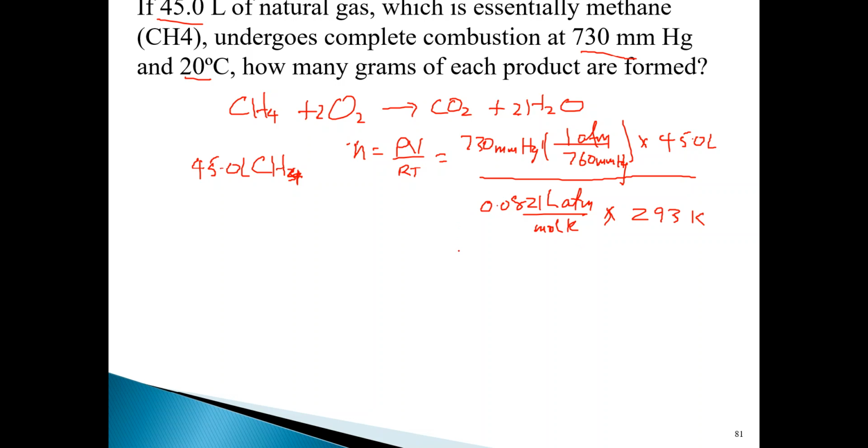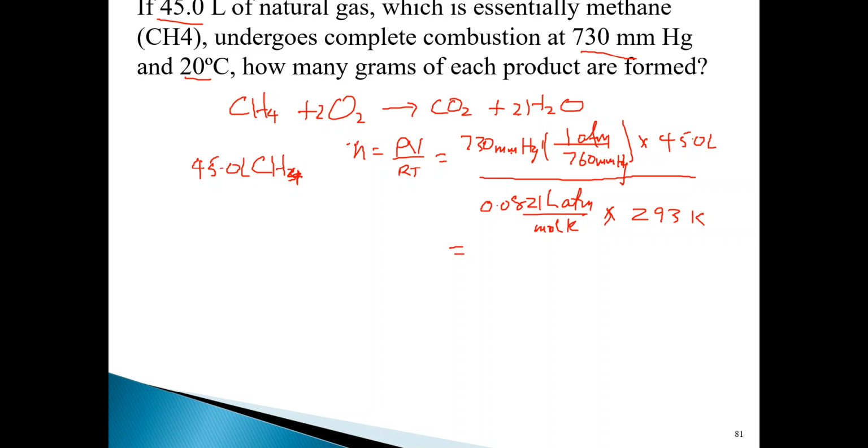And then we work out what this would give. So let me just do my number crunching here. So that would be 730 divided by 760 times 45.0 divided by 0.0821 times 293.